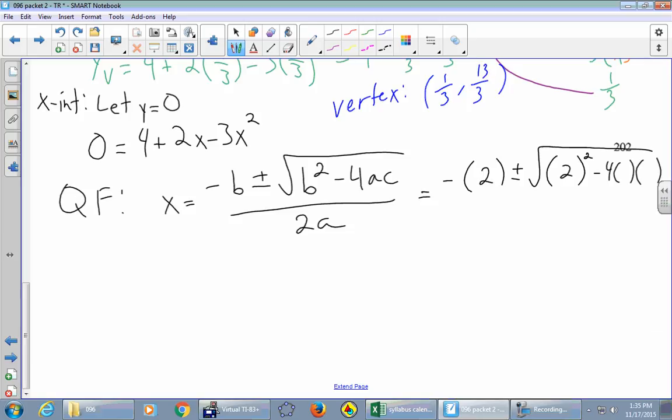A is negative 3, c is 4. If it's messing you up to have that thing not in standard form, then rewrite it so that the x squared is first, and then the x, and then the constant. All this is divided by 2 times a, which is 2 times -3. Really important to not put the 4 there.